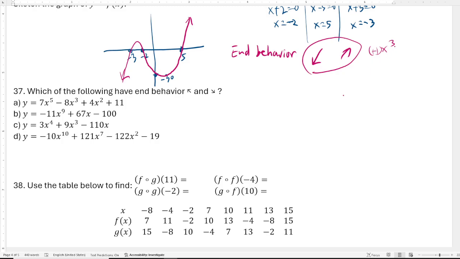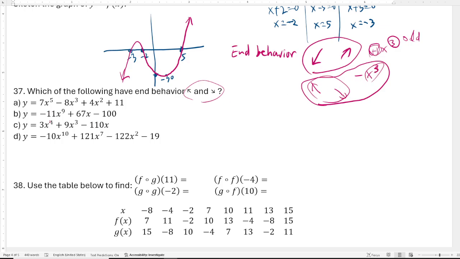So you see, if it's an odd exponent as the highest order and the coefficient is positive, it's going to be this. But if you have a negative x cubed in the beginning, then this will be upside down, so it's going to be like this, right? So this will be the end behavior. Since this is the kind of end behavior that we're looking for, we will look at the odd one with the minus.